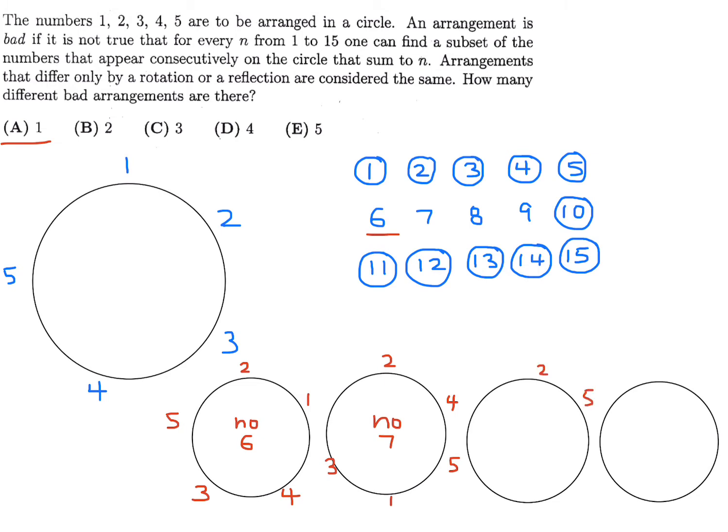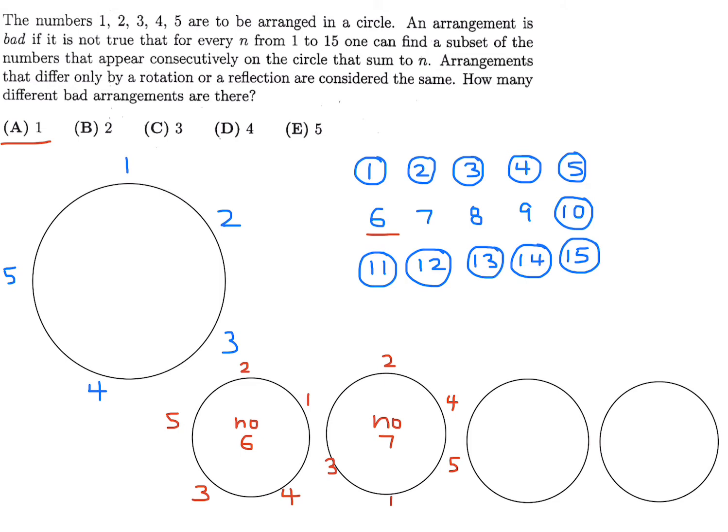If the 2 and the 5 were side by side, you would get a 7, right? So I purposely made sure that the 2 and the 5 are not side by side. And very similarly, I made sure that the 1, the 2, and the 4 are not consecutive like that, because that would add up to 7. So that's how I arranged this.